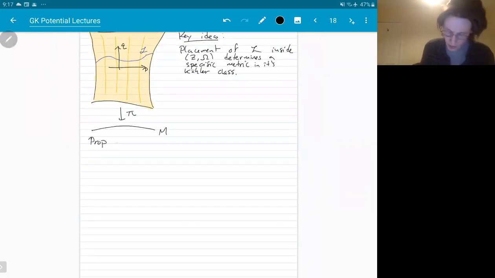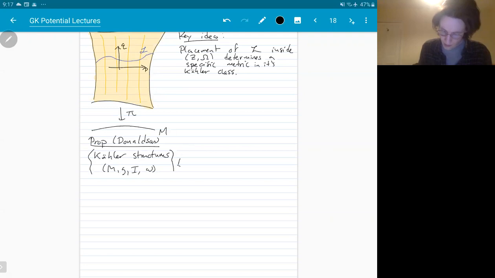Let me summarize this as a proposition, which is due to Donaldson: there is a correspondence, a bijection, between Kähler structures and holomorphic symplectic affine bundles modeled on the cotangent bundle Z omega plus a symplectic brane section.